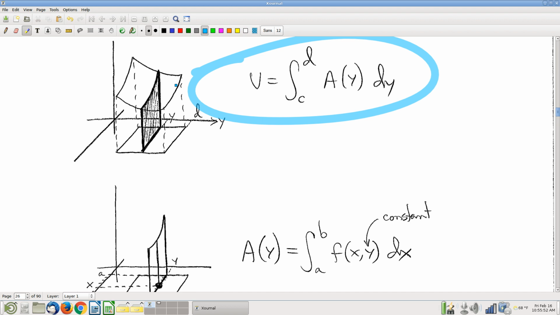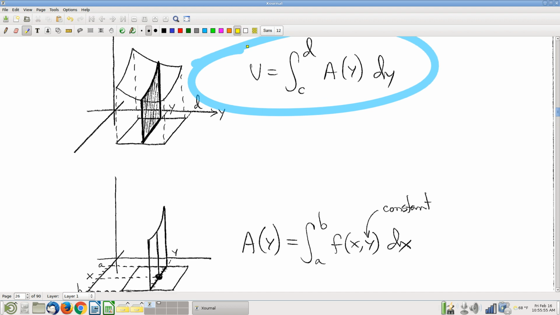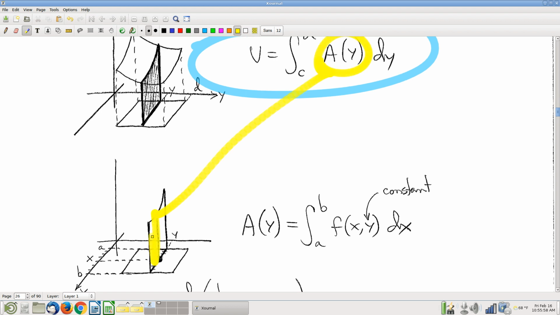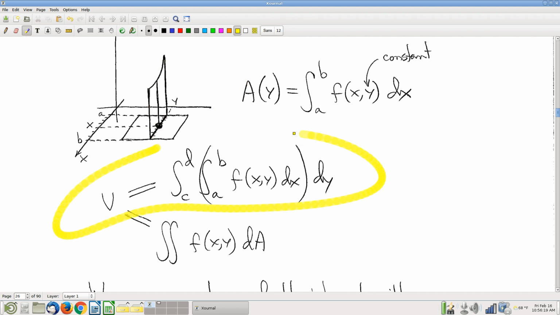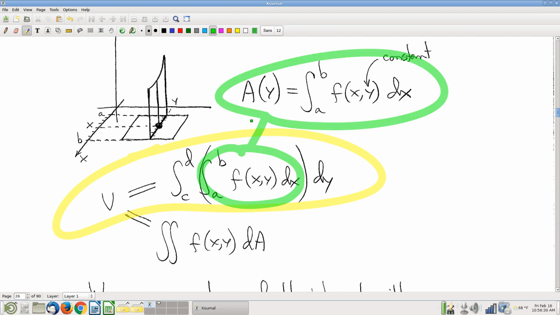It'd be very easy to bail, but if you just press on and realize that area is computable as an integral, then notice what we have is an integral that is inside of another integral, which is a little creepy the first time you think about it, right? So here you go. We compute that volume as an integral of an integral, and don't forget the inside integral is what represents cross-sectional area.